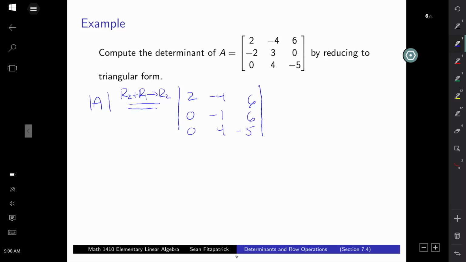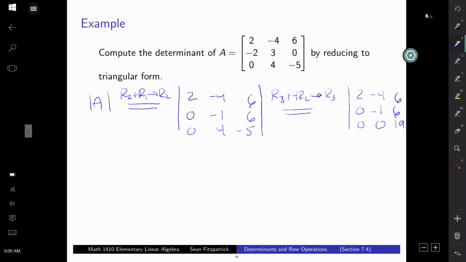So all I really need to do is get rid of the 4, and I can do that if I do row 3 plus 4 row 2 into row 3. That's a valid type 3 row operation, and I get down to 2, minus 4, 6, 0, minus 1, 6, 0, 0. Now I've got to do minus 5 plus 4 times 6.